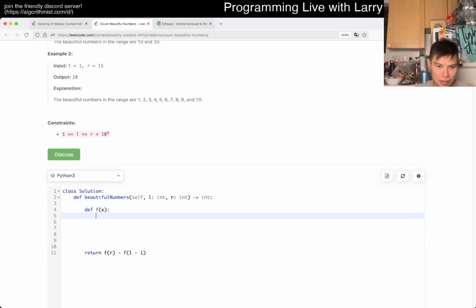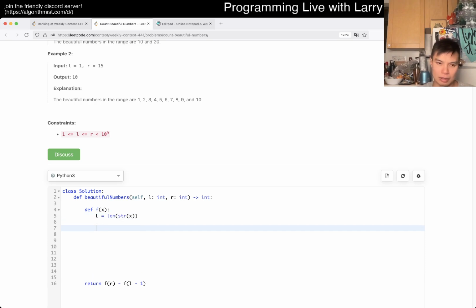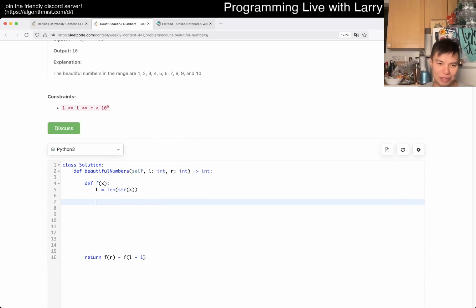Okay, yeah, I'm just thinking about it. Okay, so L is equal to the number of digits, and then what? I'm always a little bit rusty about digit DP. I don't practice it that much, and nowadays I don't practice anything anymore. But okay. You can't do a for loop on everything, right?